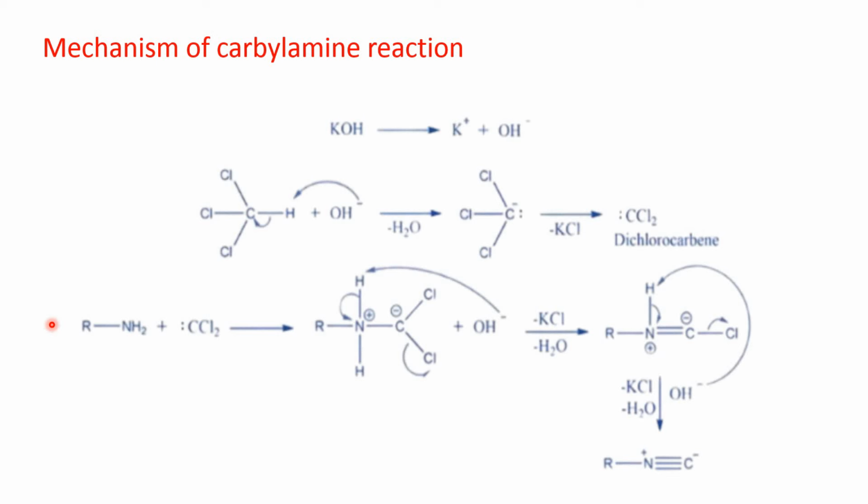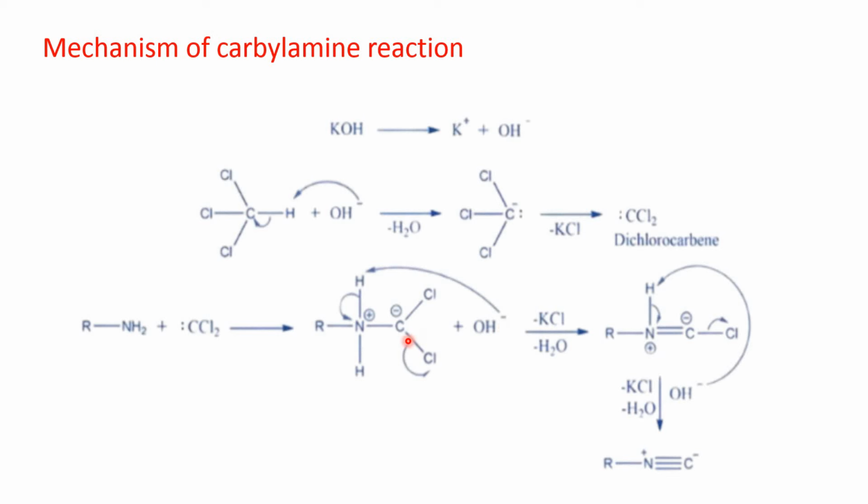Now, this primary amine, through the lone pair of electrons of nitrogen, attacks this dichlorocarbene, that means it acts as the nucleophilic atom. Then this nitrogen becomes positively charged and this carbon becomes negative. Now, to neutralize this positive charge of nitrogen, this H plus is removed.